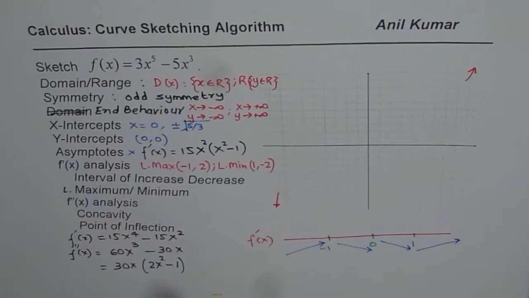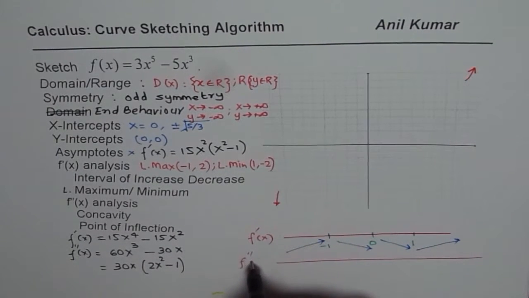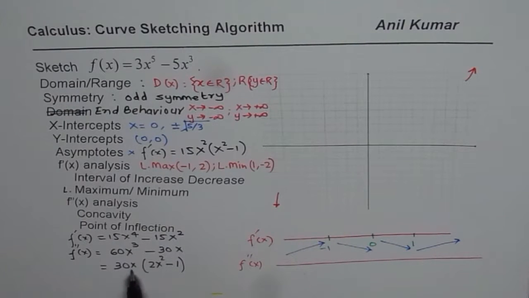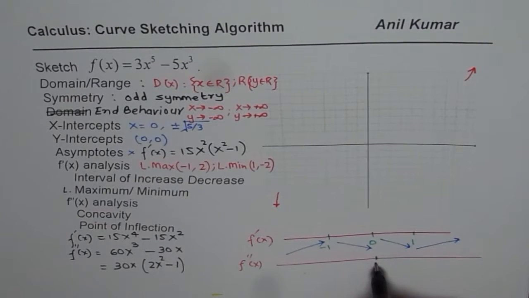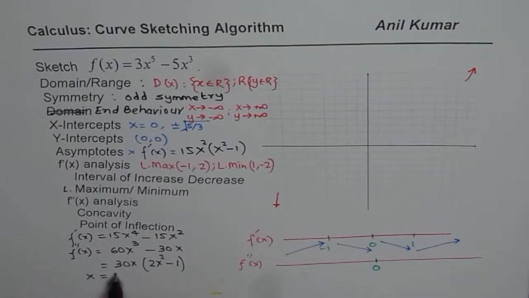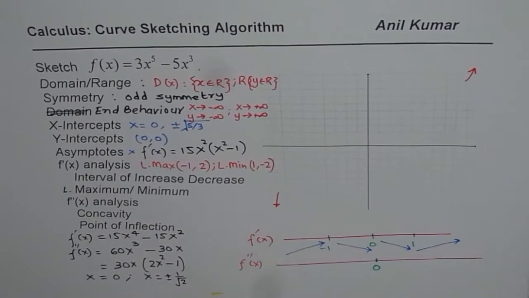Clearly, we can see that there are 3 critical points here to analyze. So now we have the second derivative with 3 zeros. First one is at 0 itself, right? The other two are, when you equate 2x squared minus 1 to 0, at x equals 1 over square root of 2 with positive and negative sign, correct? Now, what is 1 over square root 2?